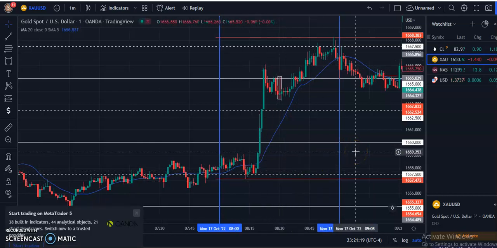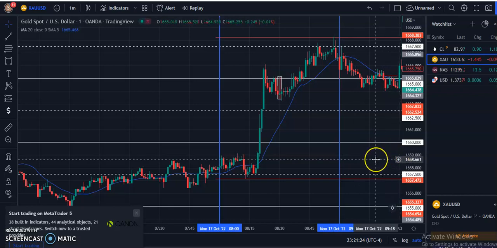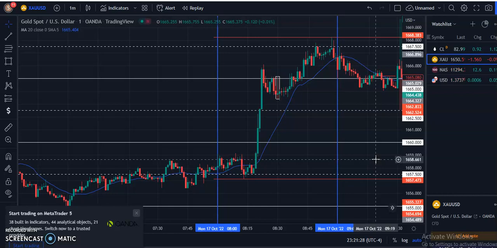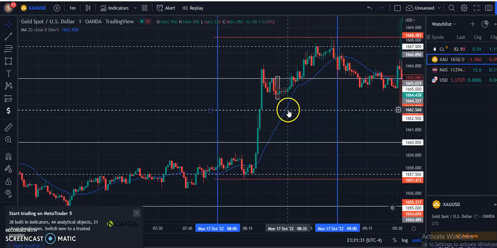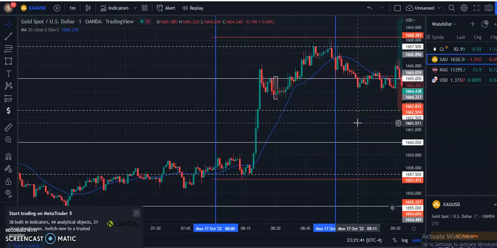After the market broke structure with this engulfment, I'm looking for a retest. And then I'm looking for either an engulfment or a bullish pin that looks like this.